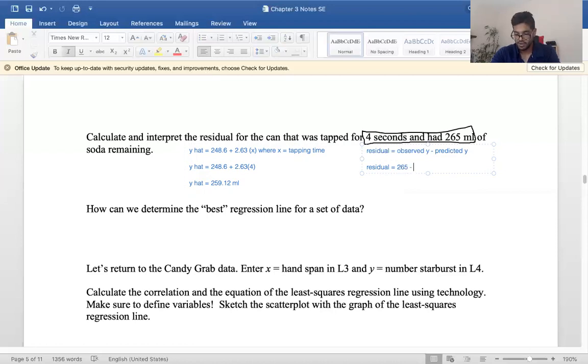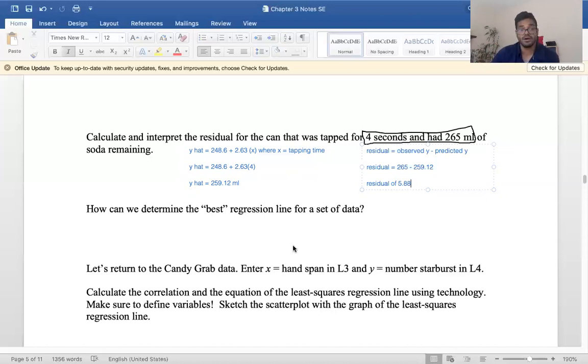Minus what we predicted, 259.12, and that's going to give you a residual of 5.88. And I want you to think about what this residual means. Did our line underpredict or overpredict? If you have a positive residual, does that mean your line underpredicted or overpredicted? Think about that.